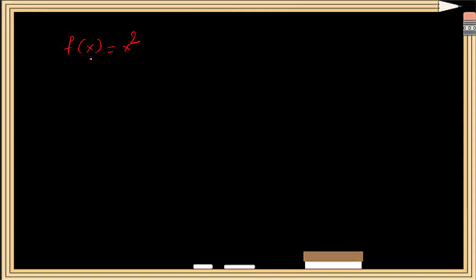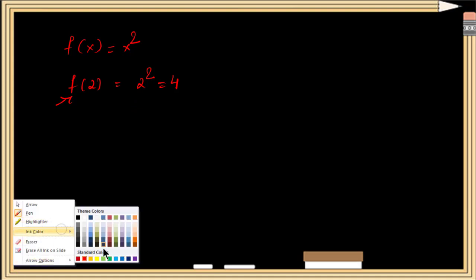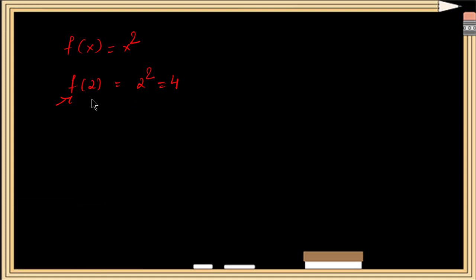Now, when we give input 2 to the function f, we get 2 squared, which is 4. Here f is the name of the function, we have 2 as the input, and y is 2 squared, which returns 4.